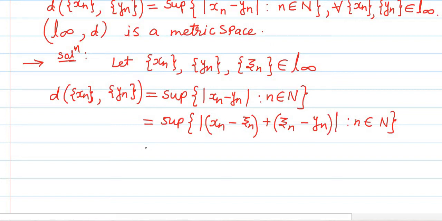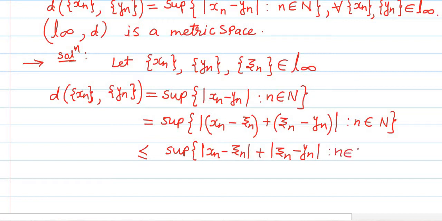Now this is less than or equal to the supremum of the set of mod of xn minus zn plus mod of zn minus yn. Why is it so? I have explained that in the first illustrative example in the last class.